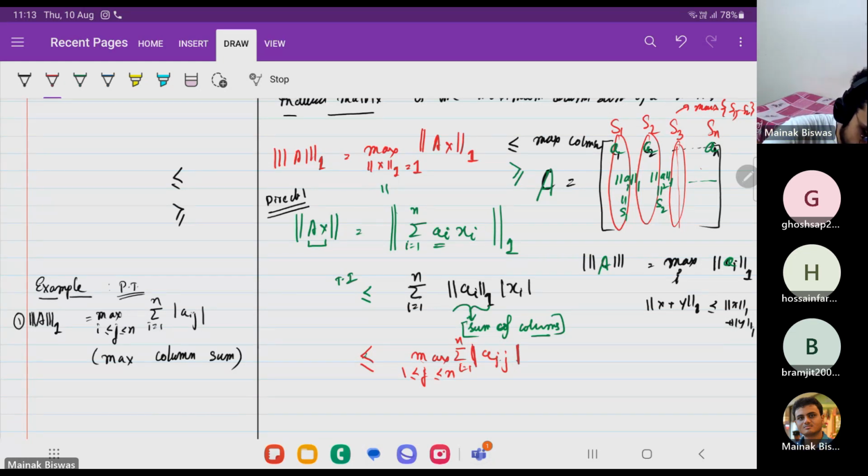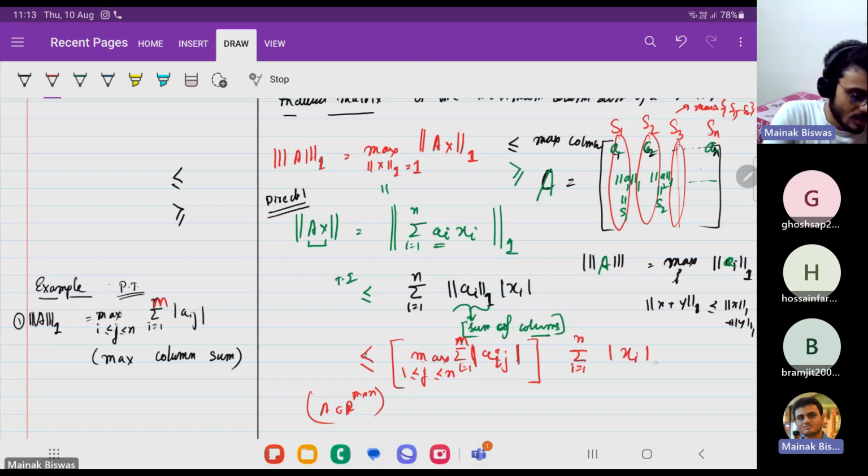Right or wrong? Put m, no problem. An m by n matrix will do as well. A is m by n. Is this okay? I'll show you again, no problem. If you are not okay with this, I'll just show you.